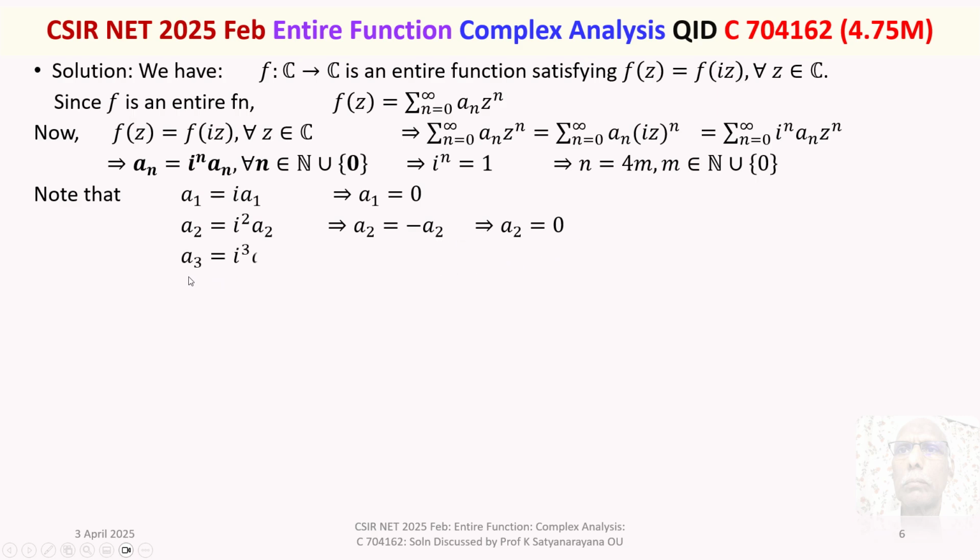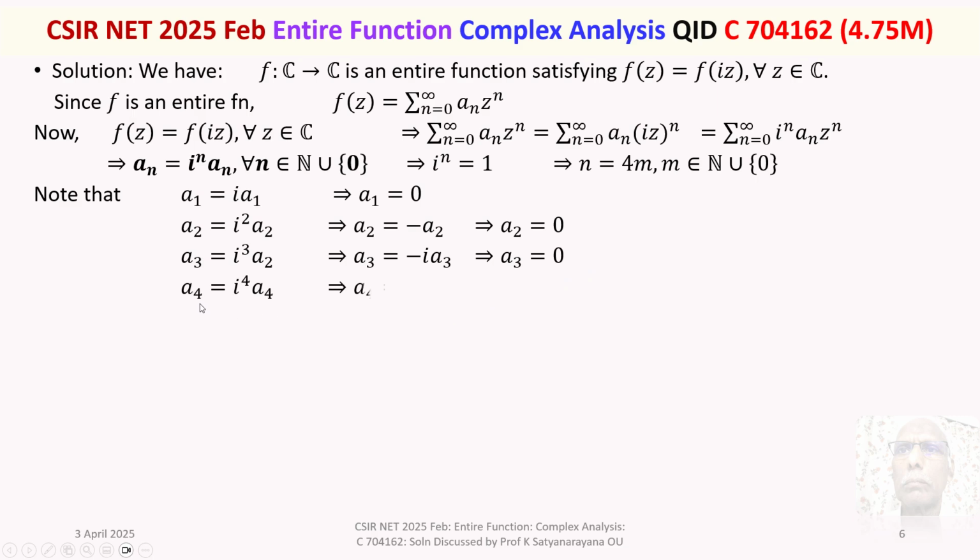In a similar fashion, a3 is equal to i cube a3, and that will be equal to a3 is equal to minus i a3. This is true only when a3 is equal to 0.